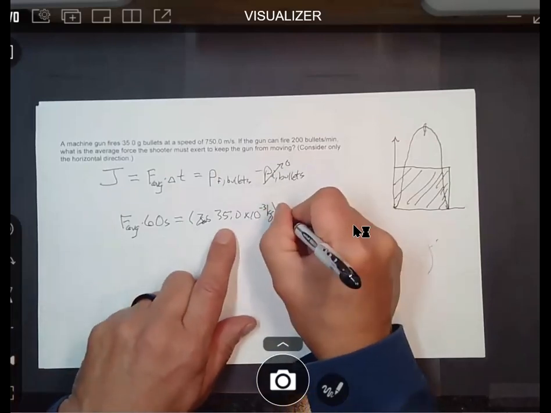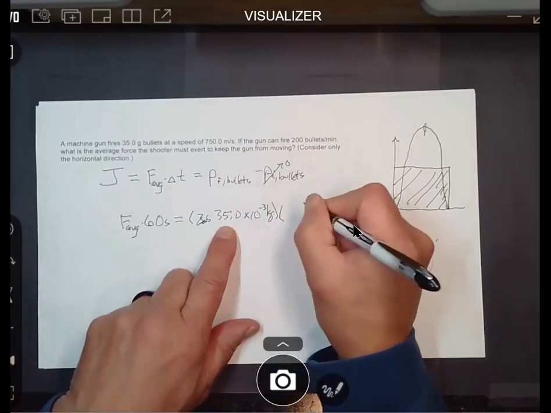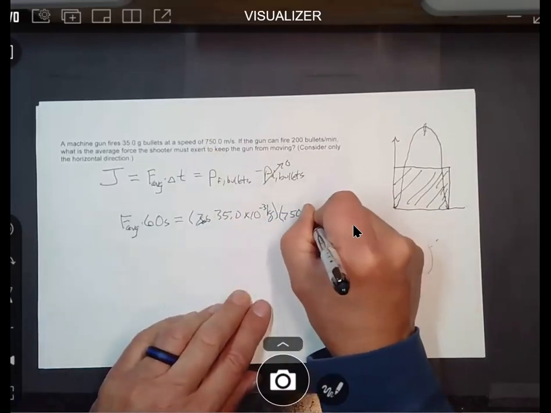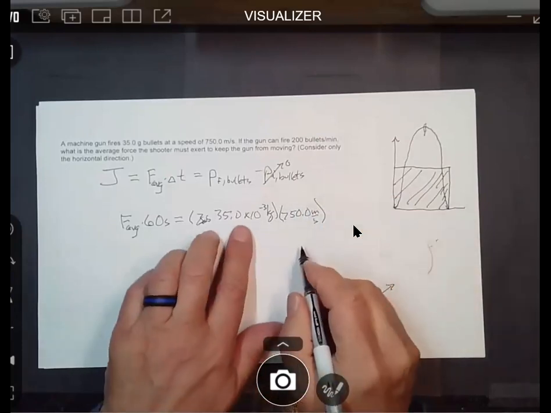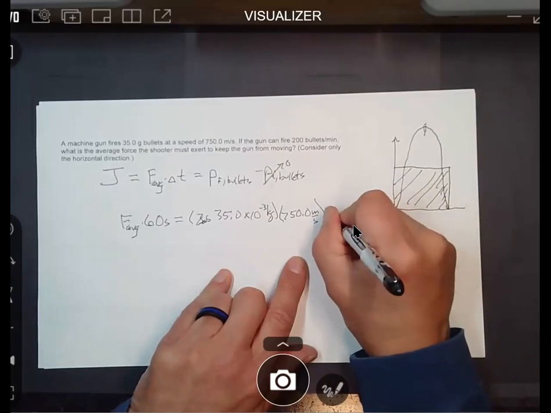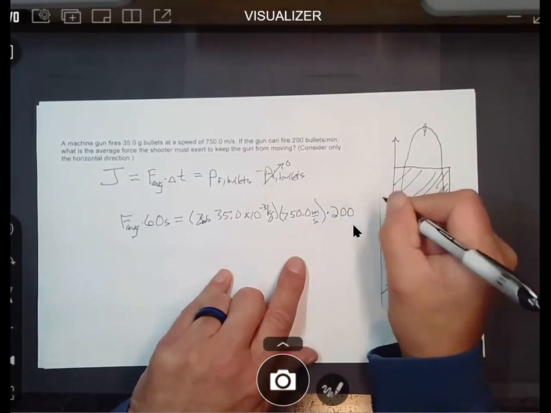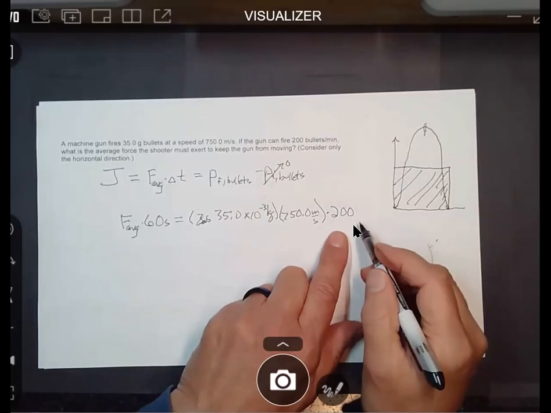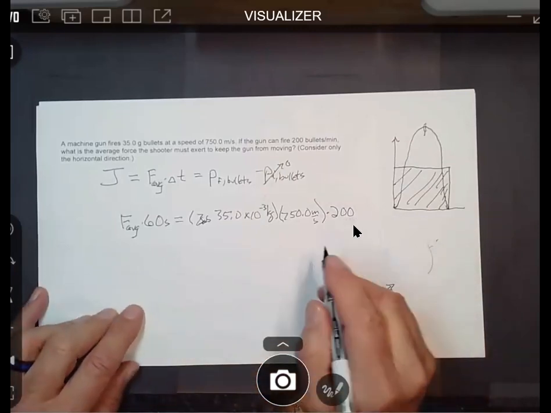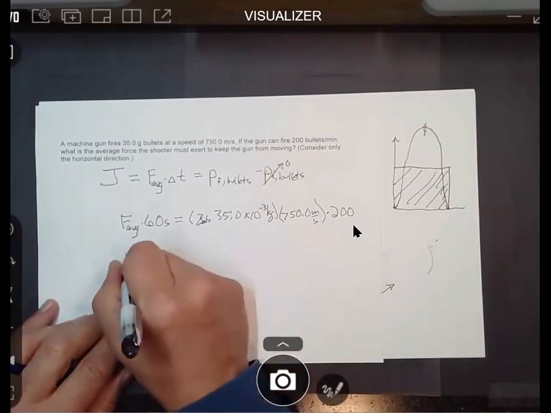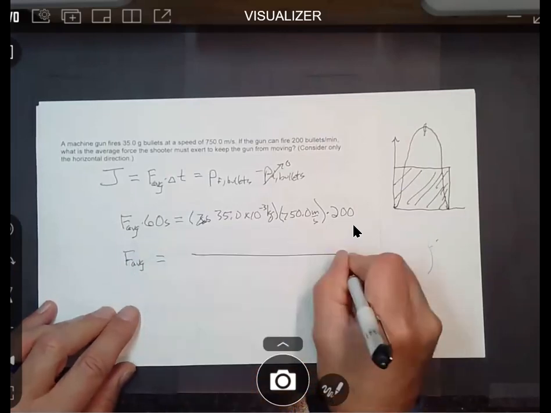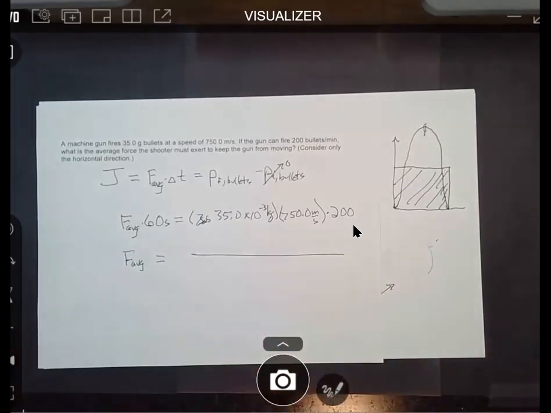A gram is 10 to the minus third kilograms, and then multiply by 750.0 meters per second. So 3 sig figs here, 4 on that one, and then 200 of those bullets. And that's just a number of bullets. So that's all I need to worry about on that thing. And the average force, actually, let's go ahead and multiply those two together.